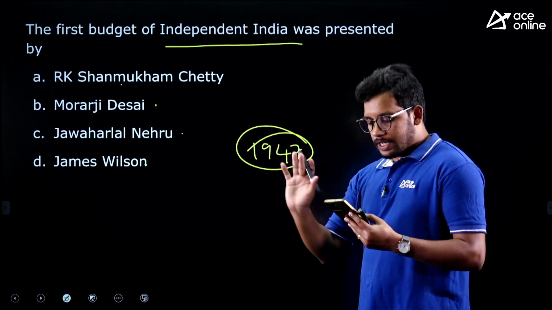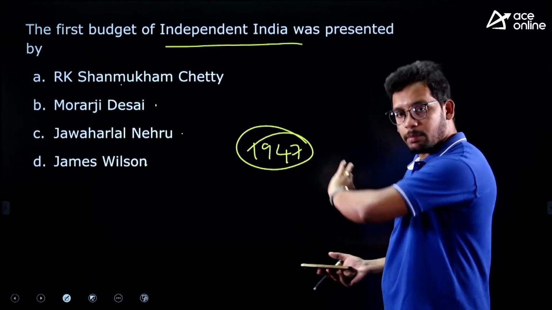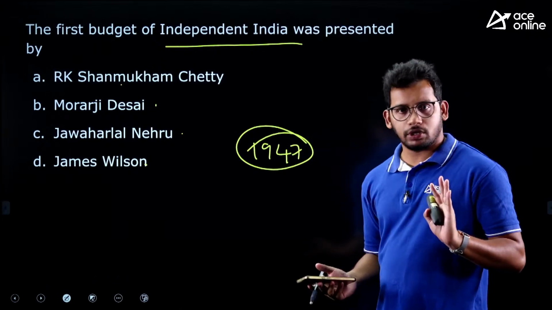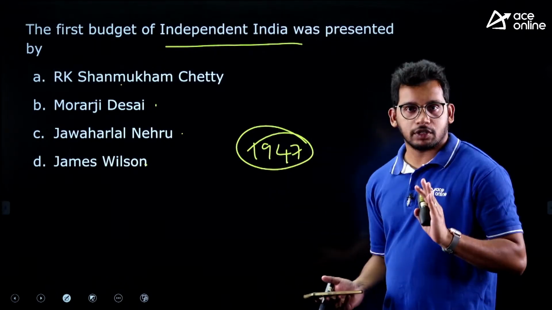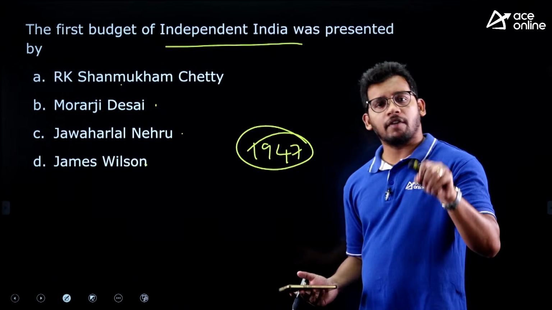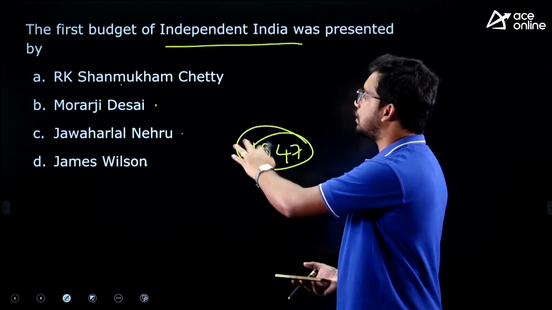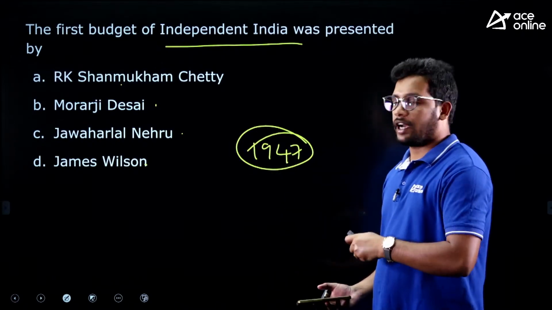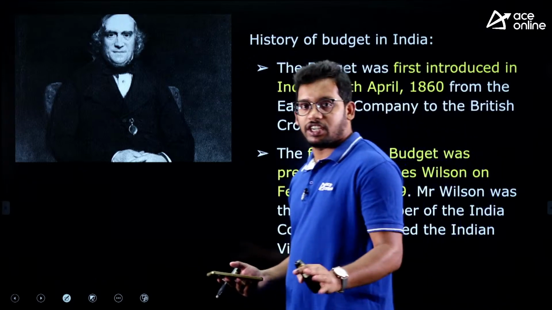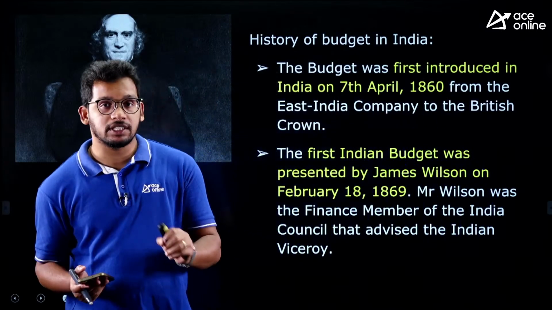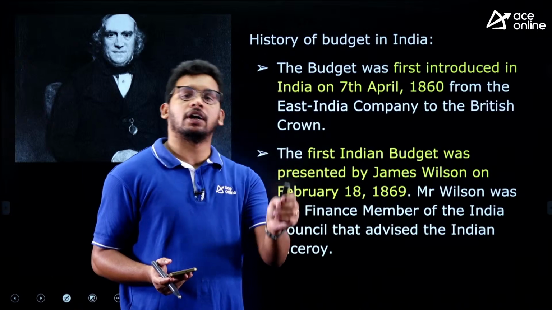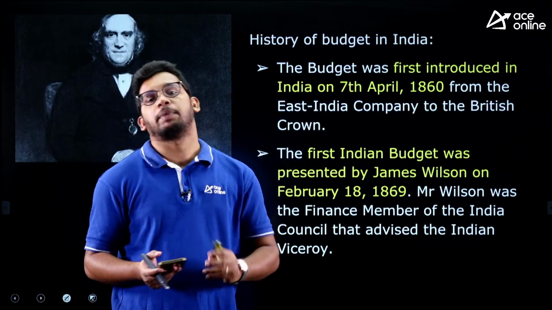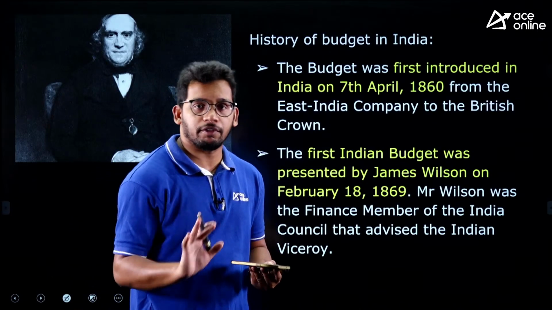Okay, let's go back to the discussion of the budget. We will discuss the facts about the budget, and then we will come back to this question. That is our intention, to make you revise, not just read the facts and leave it. So let's understand the budget. Budget means estimation of all the income as well as expenditure. For example, you receive 10,000 per month from your parents.